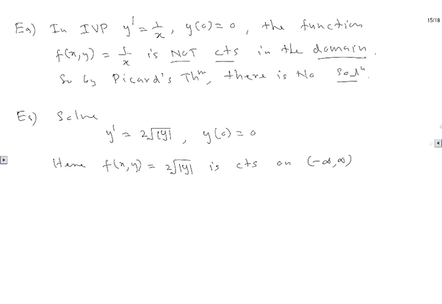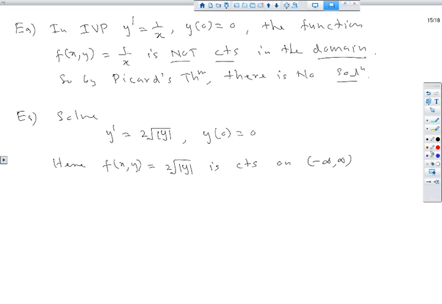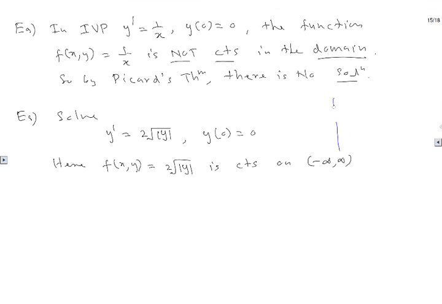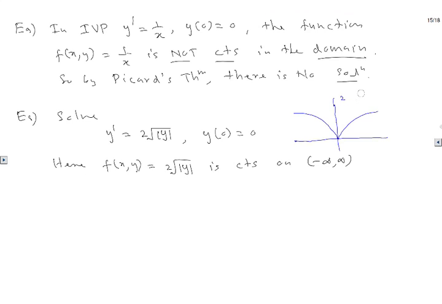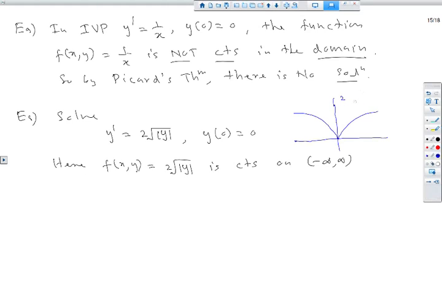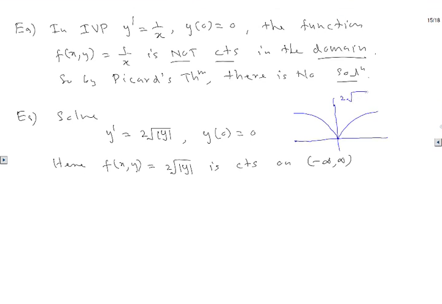What is the graph of this one actually? If you look at the graph of this function, it is the square root function but on both sides. So it's going to be like that on this side, and like this on that side. That is the 2 square root absolute value function.